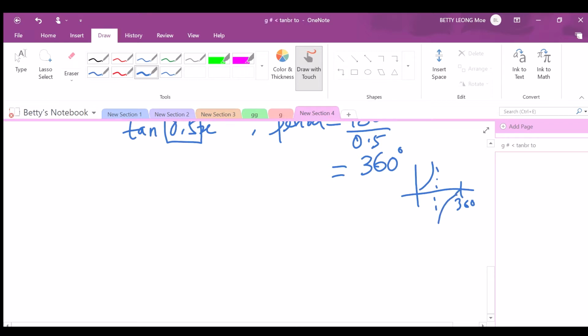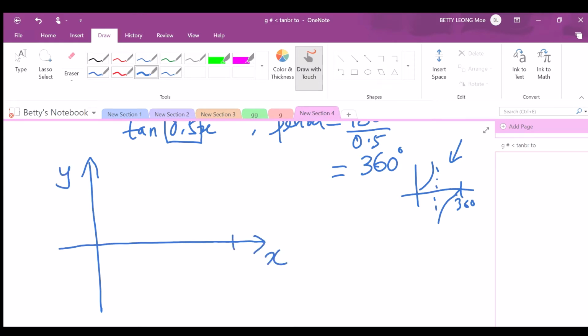So we try to sketch it. This is your x, and this is 360. So you find the center, the asymptote, where the infinity line is. You just draw from 0, move up, don't touch 180.